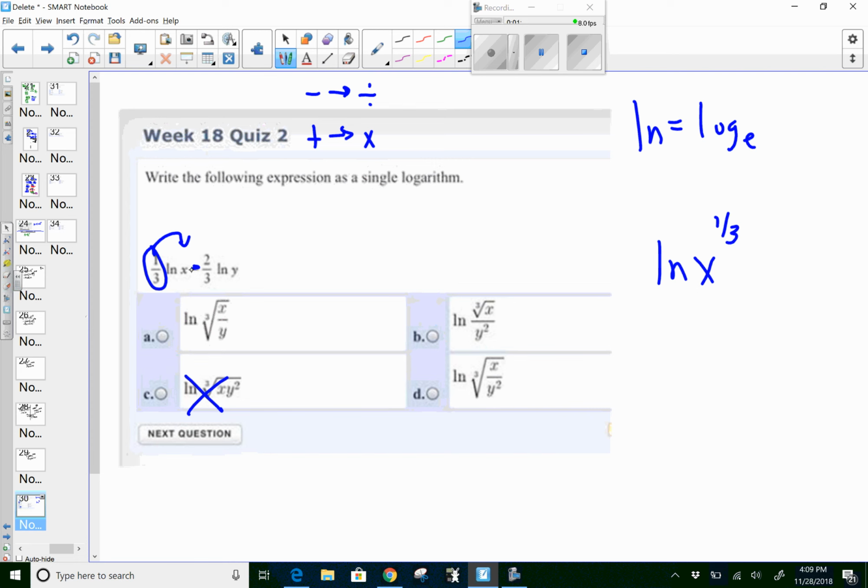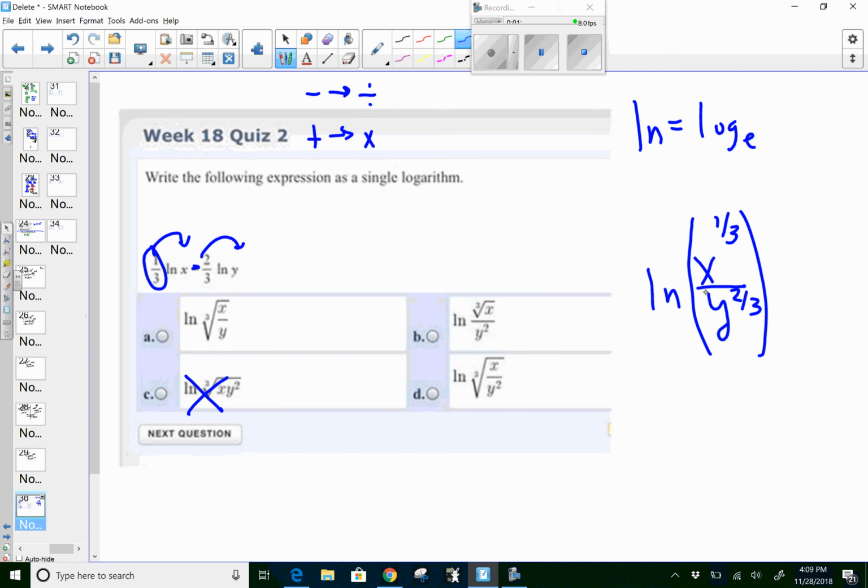We just talked about subtraction is the same thing as division, so you're going to divide. And then right here, same thing. So the 2/3 gets kicked back, so it's going to be y to the 2/3 power. I'm going to rewrite this ln because it's the ln of all of it. So the ln is going to be right in the middle, and the x to the 1/3 and the y to the 2/3 is how it's going to be written.